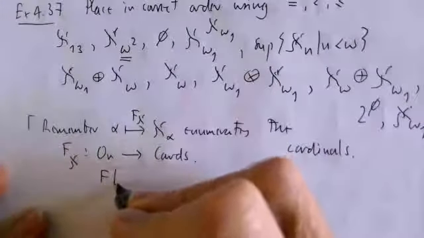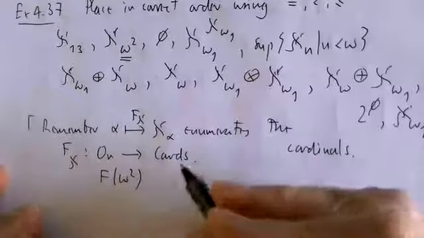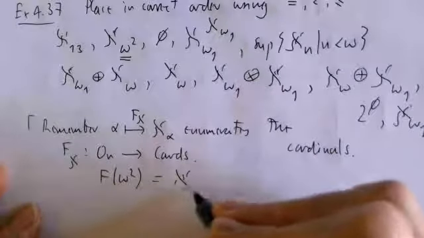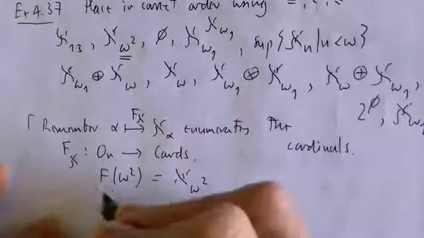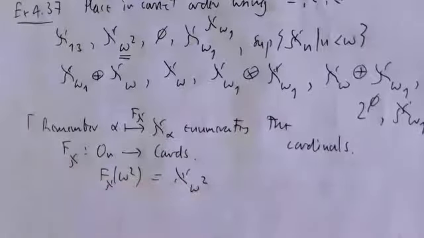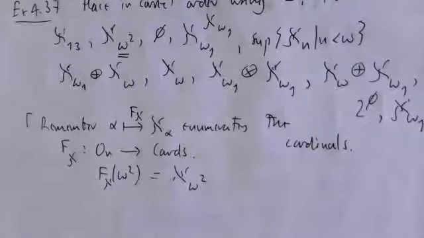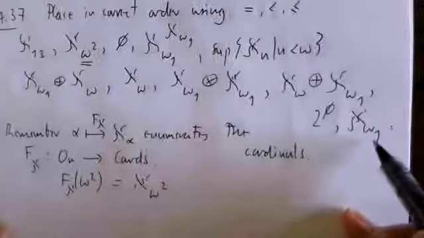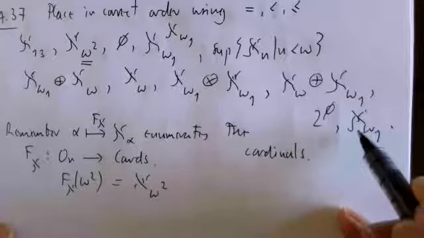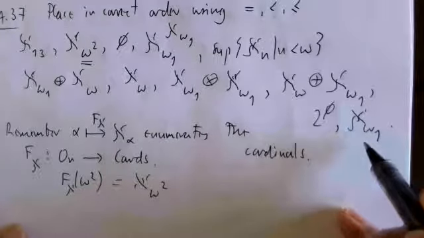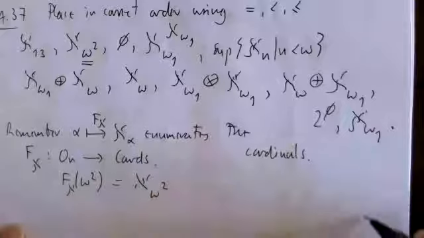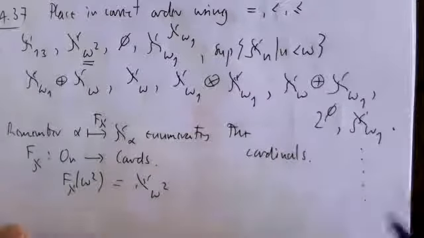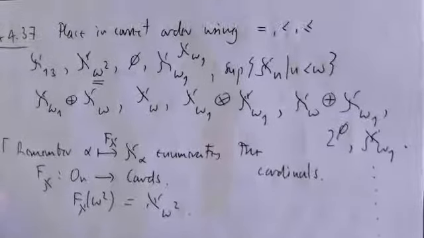And Aleph omega squared, so Aleph of omega squared, is the omega squared-th cardinal, is this one here. And something like Aleph omega 1, this is the omega 1-th cardinal. So it's a limit cardinal. It's a limit of all the Aleph alphas that are smaller than it.